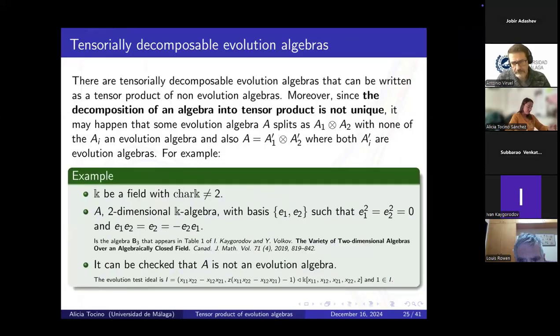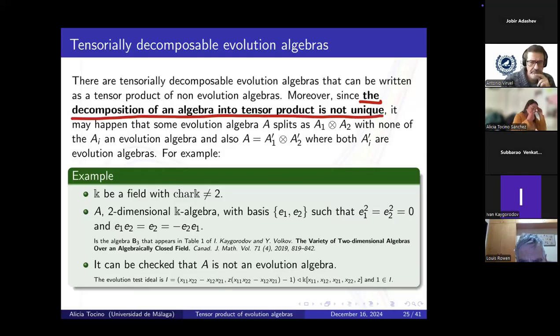Now, I want to show an example which is illustrative, since the decomposition of an evolution algebra into a tensor product is not unique.